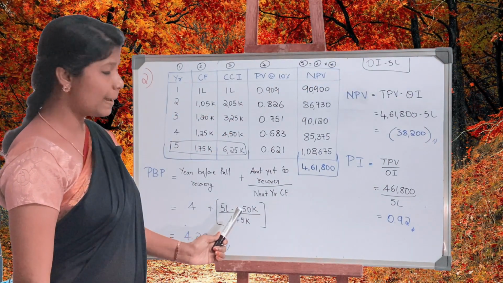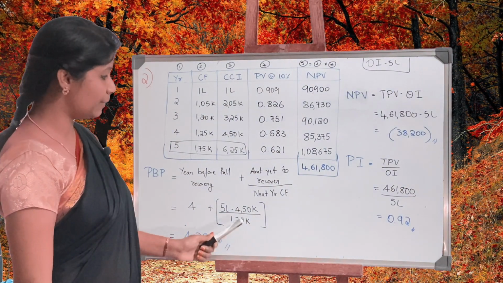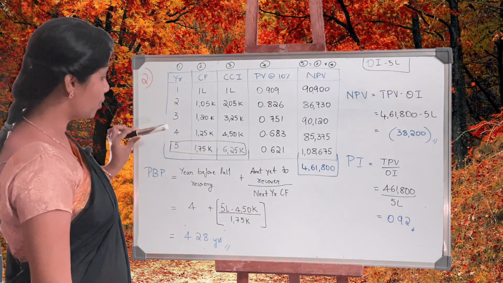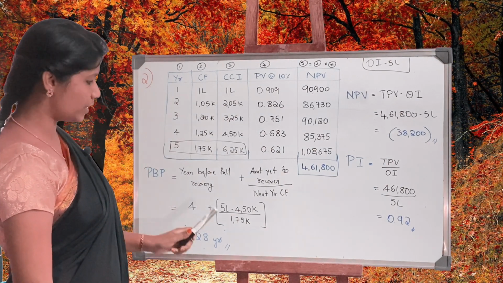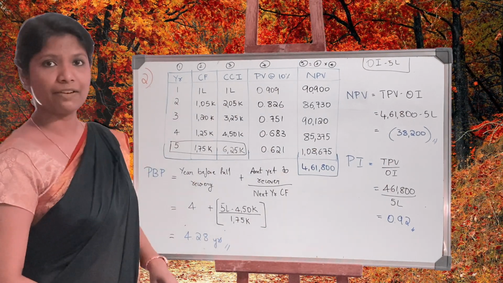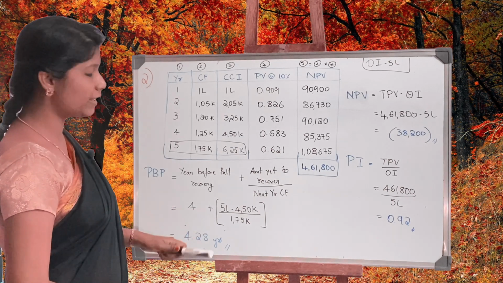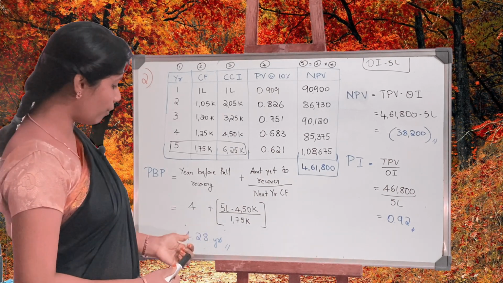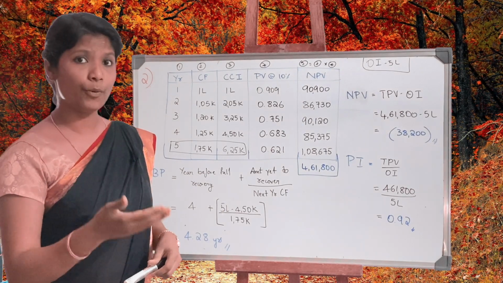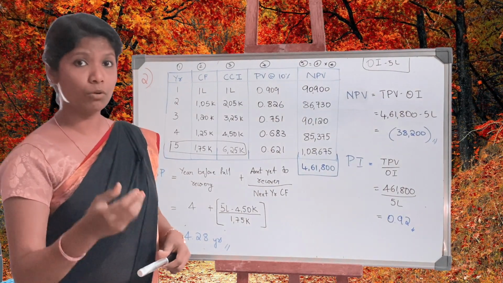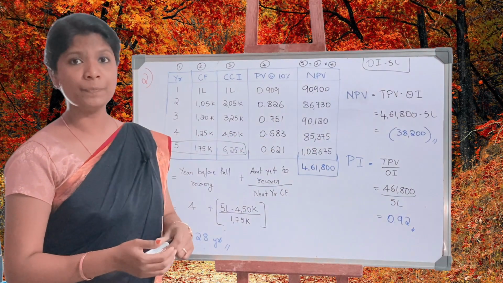So 5 lakh minus 4 lakh 50 divided by next year cash flow. So we are talking about the 4th year. Next year cash flow 1 lakh 75,000. So once we simplify the values, we get 4.28 years as the payback period. So it's going to take 4.28 years for the original investment of rupees 5 lakh to come back.